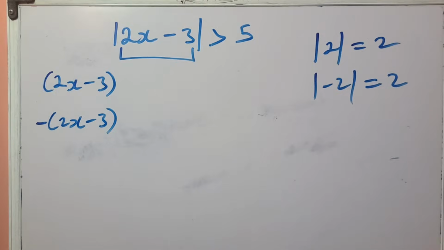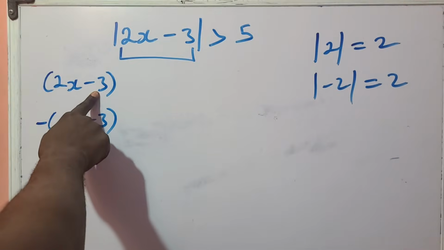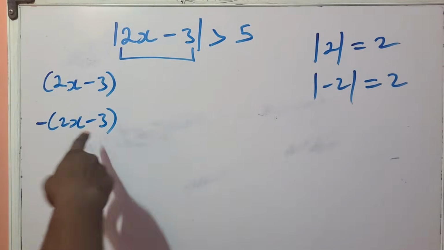Now, don't forget, the question wants you to find the range of values for which this is greater than 5. So what you have to do is to ensure you exhaust all the possible values. You cannot just solve for the first one alone, because that will mean you are omitting another possibility, which is also this.